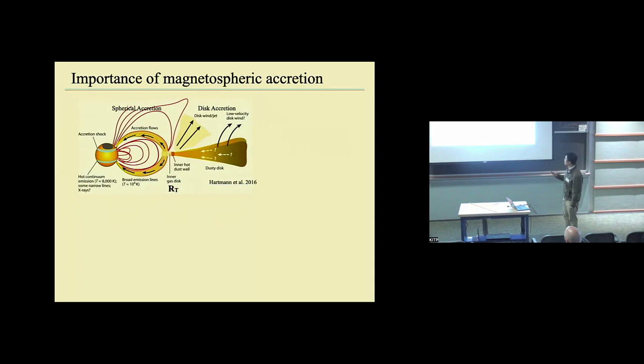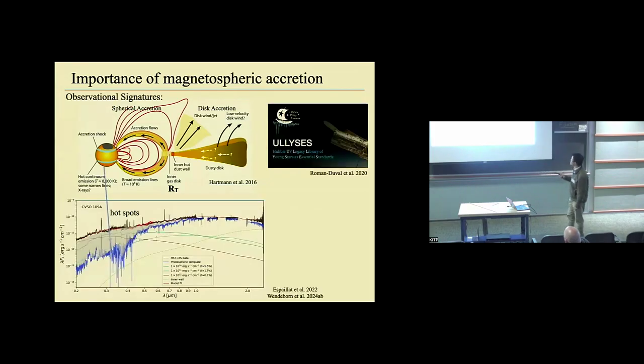Because this accretion process happens at the deepest part of the potential, it releases most of the energy, so it releases a lot of UV radiation and also a lot of lines. That's why we have a lot of observations which probe these physical processes.